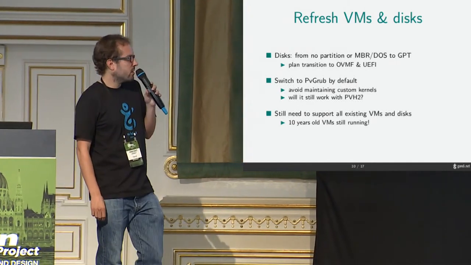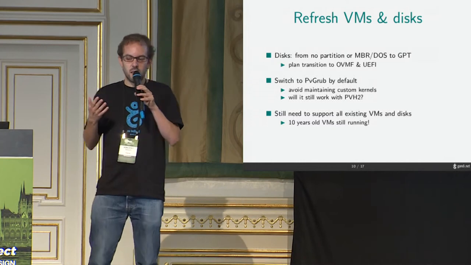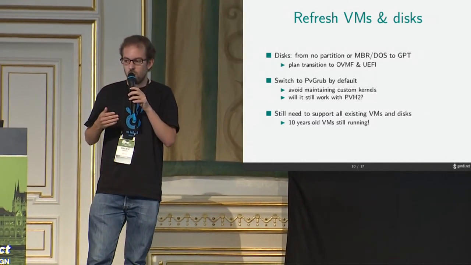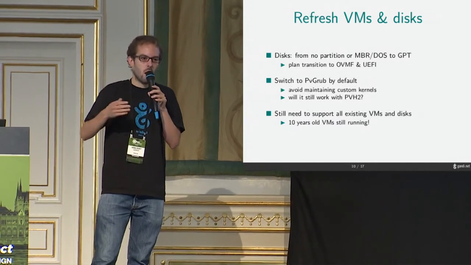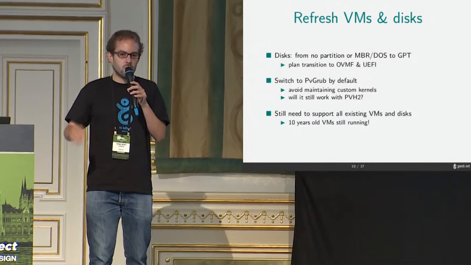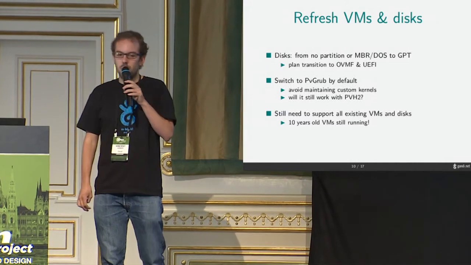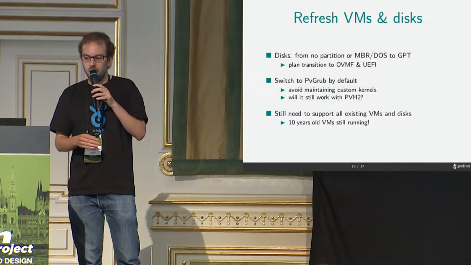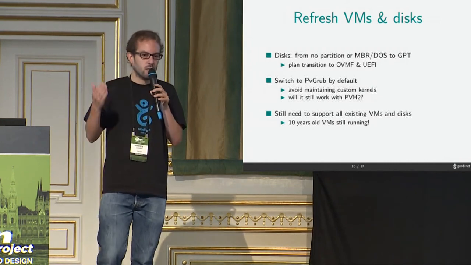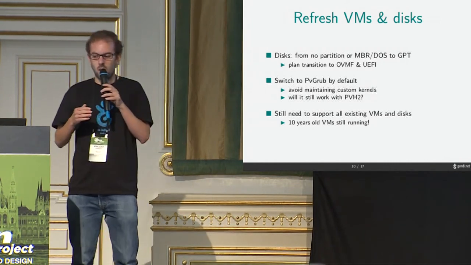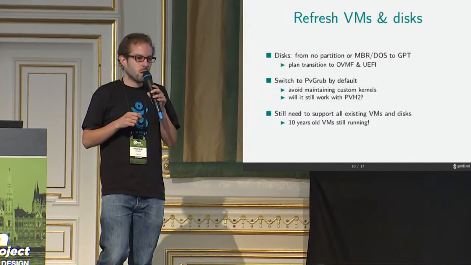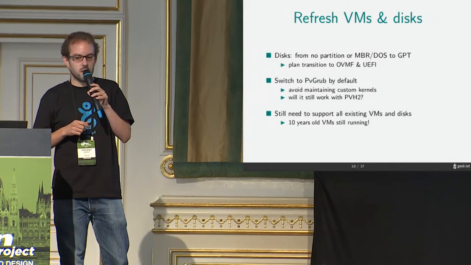Then when we migrated to Xen 4.8, we wanted also to use the latest features of Xen, so we did upgrade also how we create VMs, especially regarding disks. Before, when you were creating a VM, the default root disk had no partition, and previously old MBR partition, and now we switched everything to GPT.